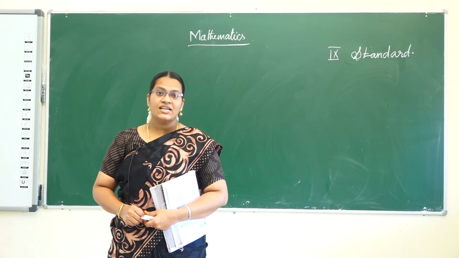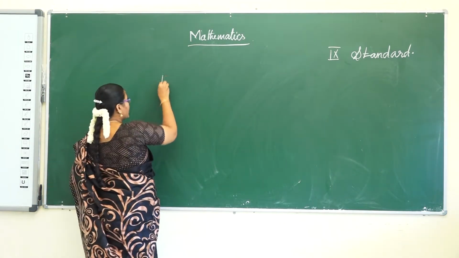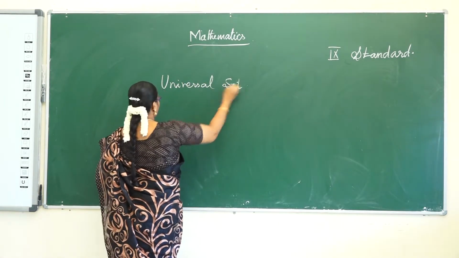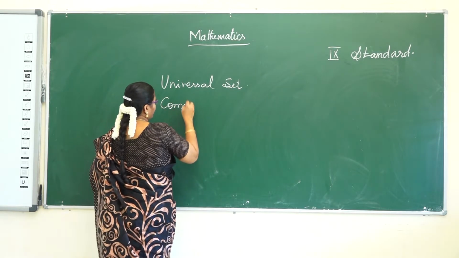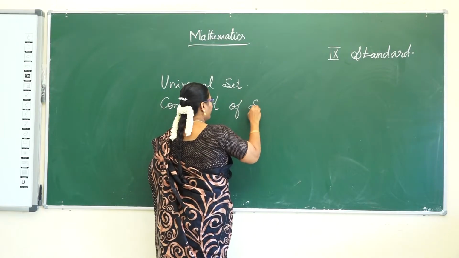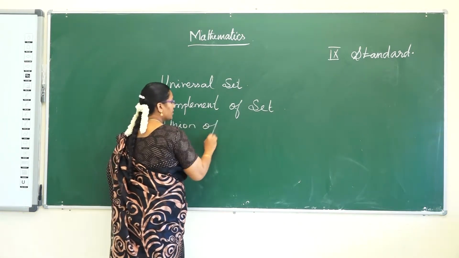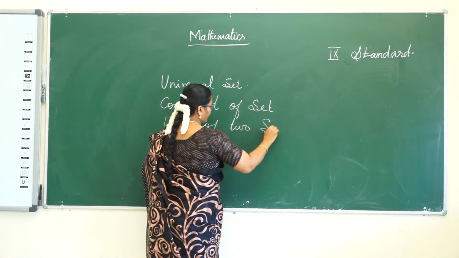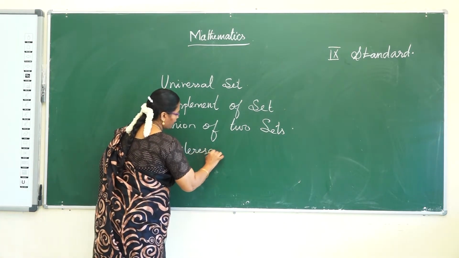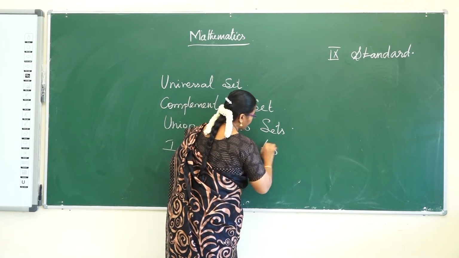Let us revise the previous class. In the last class we learned set operations. First one is universal set. Second one, complement of set. And then union of two sets. And fourth one, intersection of two sets.